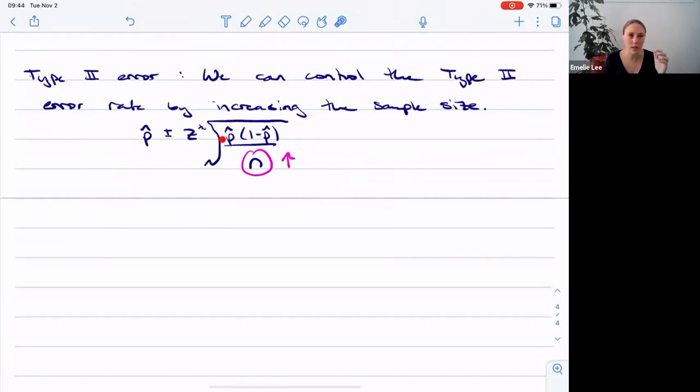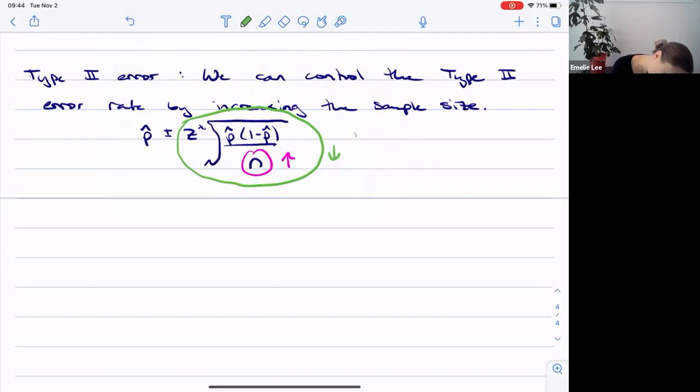And so this whole square root chunk is going to decrease, right? I'm dividing by a larger value. And then my z star stays the same. So if I increase the sample size, this decreases, which means that my interval becomes more precise around the estimate.